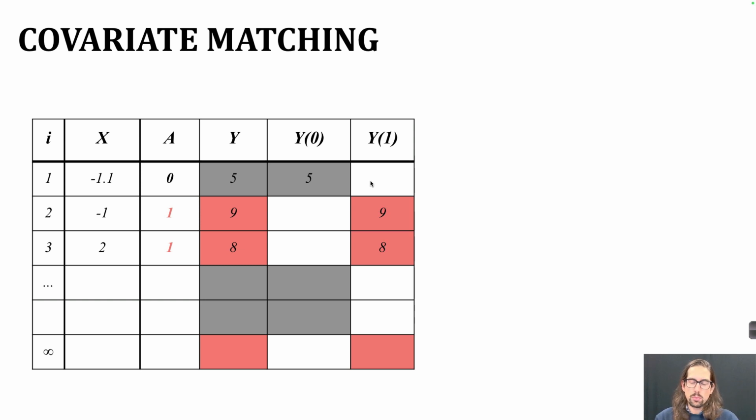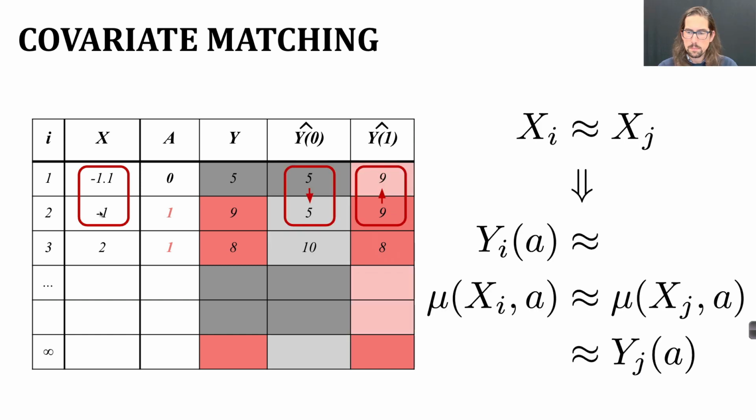So with regression methods, what we were doing is fitting a regression model to essentially impute these values. But something else that we could do is notice that there are people in our data whose covariate values are very, very similar. Under the assumption of no unobserved confounding, if xi is equal to xj, their conditional means are the same.